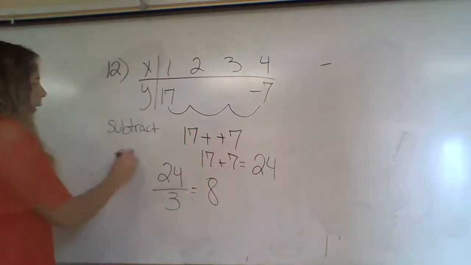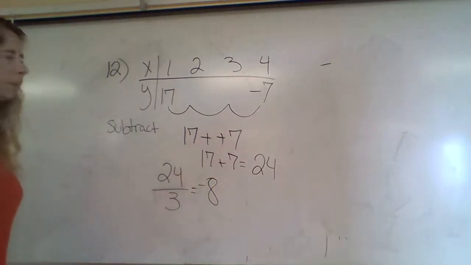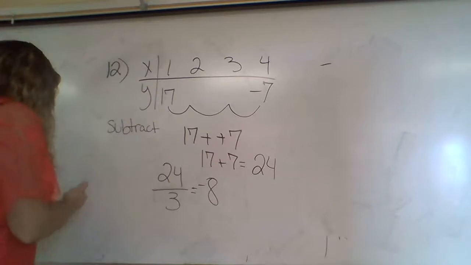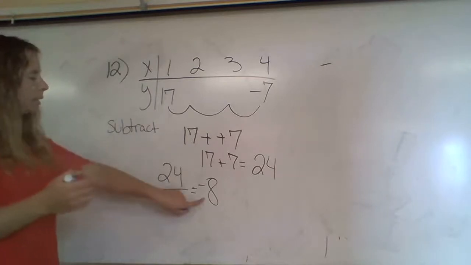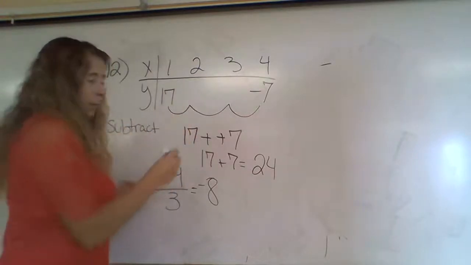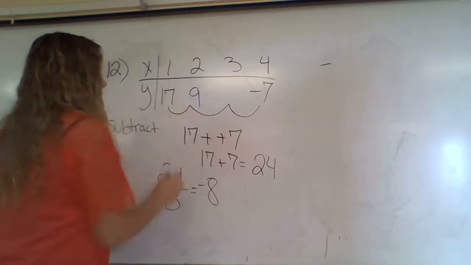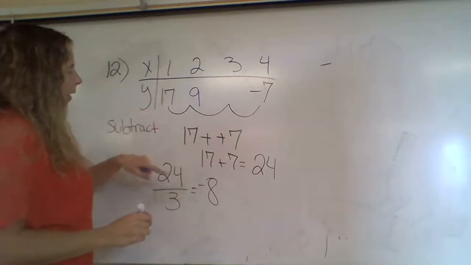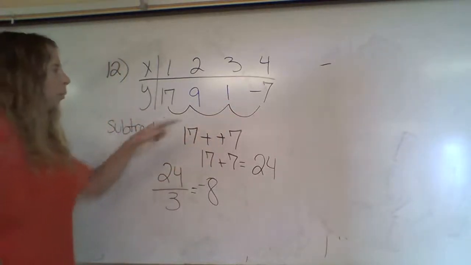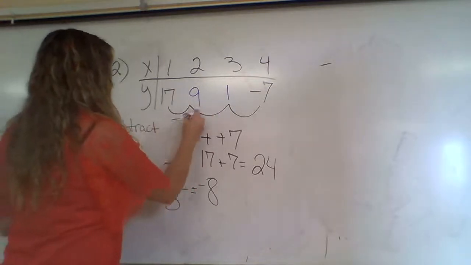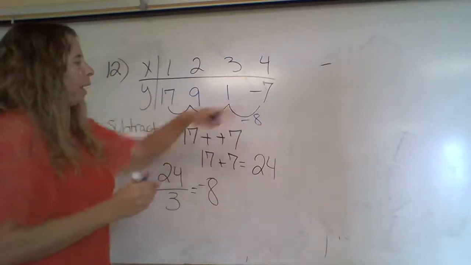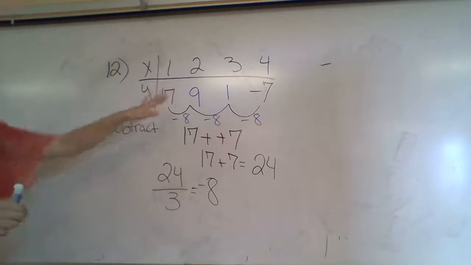And remember, you are subtracting 8 every time. 17 minus 8 is 9. 9 minus 8 is 1. 1 minus 8 is in fact negative 7. So there, you filled in your table.